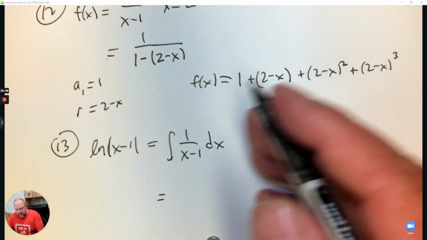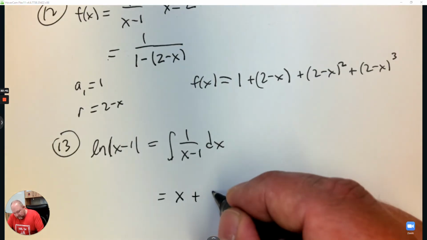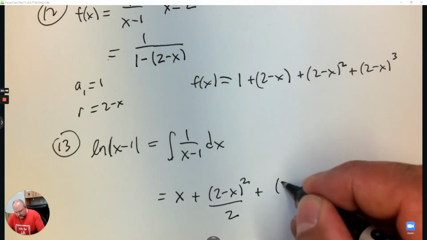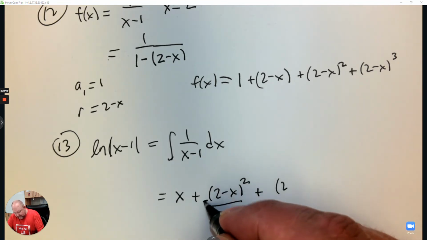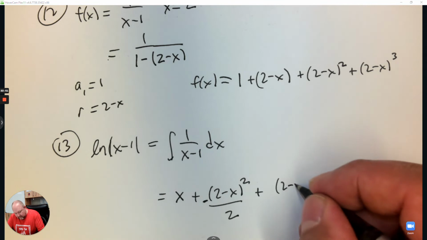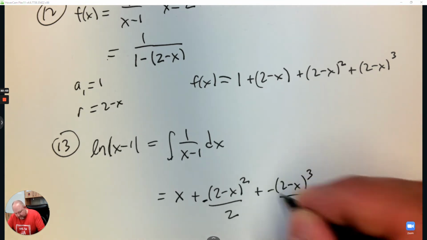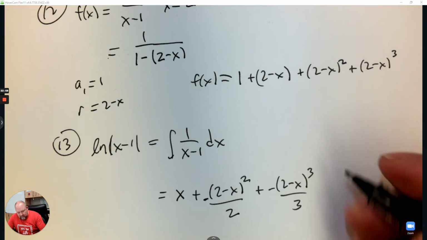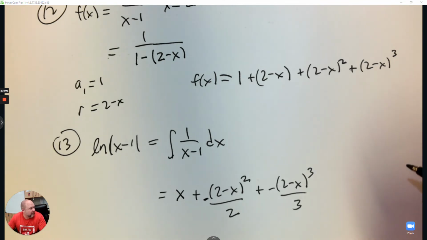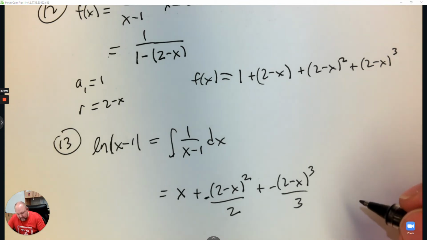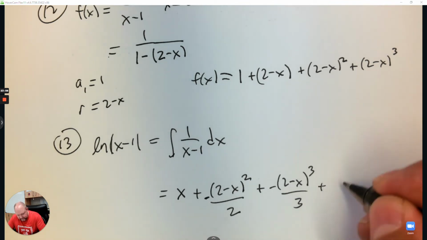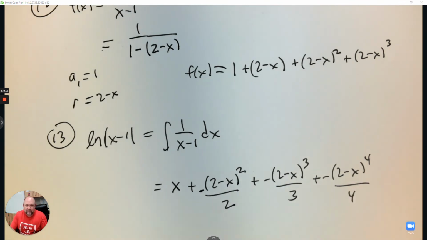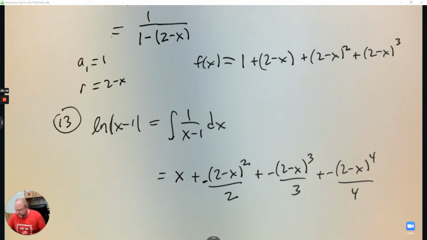So integrate 1 and it's x. The next one would be 2 minus x, add 1 to the exponent and divide. Oh, and it has a hook that makes it negative. The next one, you add 1 to the exponent and divide. Again, it has a hook that makes it negative. And then keep following that pattern. We're just integrating all along, following that pattern.